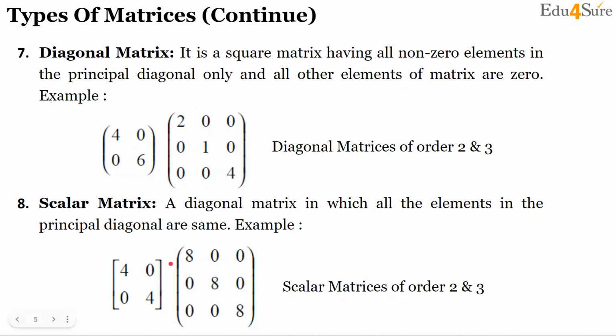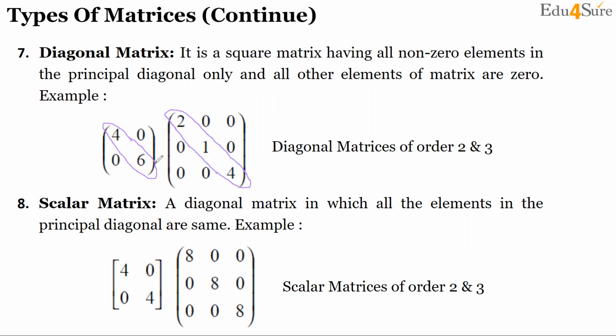And how do we represent the diagonal? So this is the diagonal of your matrix for 2 cross 2, because it has 2 rows and 2 columns, and then 3 cross 3.